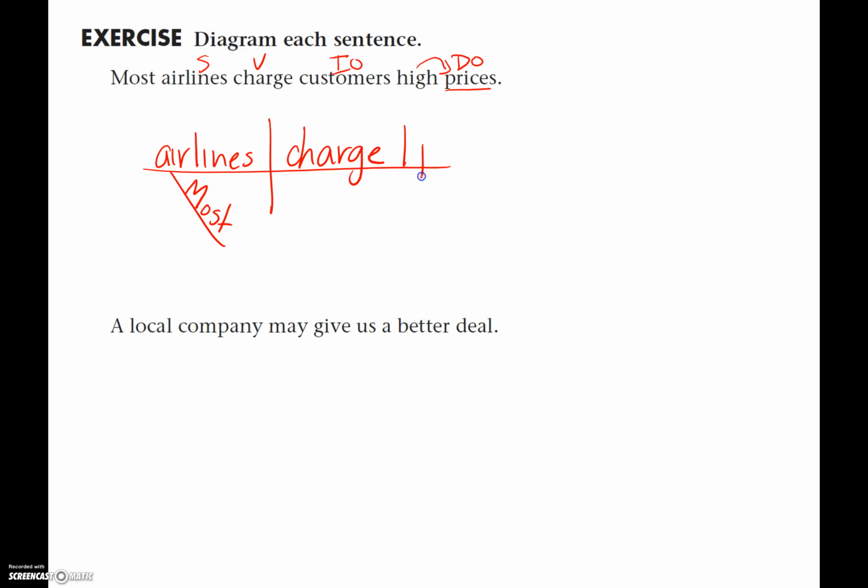And the prices, our direct object, is going to go on that horizontal with the half line separating it. High goes underneath prices because it's describing the prices. And the indirect object, customers, is going to go off of a diagonal with a horizontal. Customers is going to go down on that horizontal, leaving this vertical as it is.